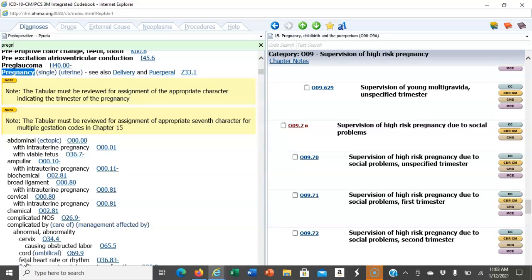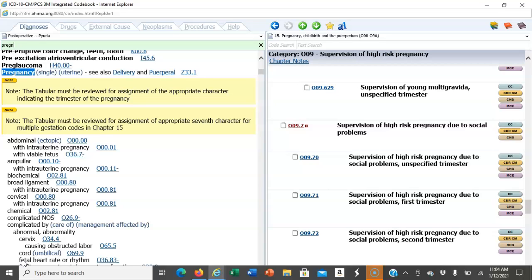She is elderly, but we would not use a code for pregnancy complicated by elderly, because those codes, it tells us in the guidelines for supervision of high-risk pregnancy, that those codes from that category of O09 are only assigned during the prenatal period. So even though she's 40, we're not using an elderly multigravida code.